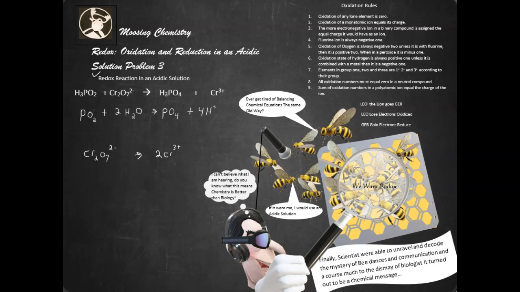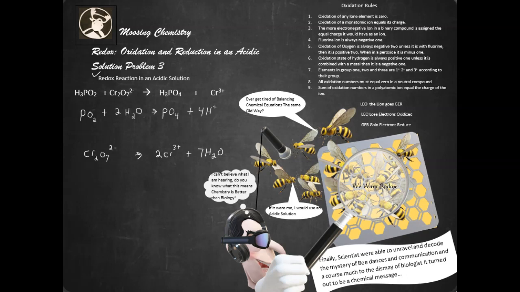Okay, so let's look at the one down here. We have 7 oxygens here, right? And no oxygens on the right side, right? So we need to balance that. So let's go ahead and add 7 oxygens onto this side right here.